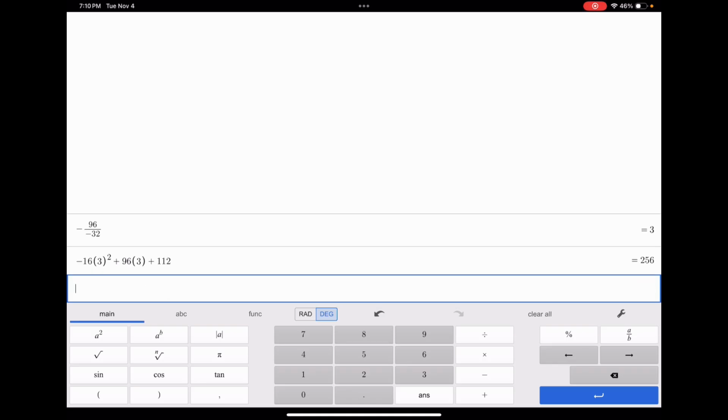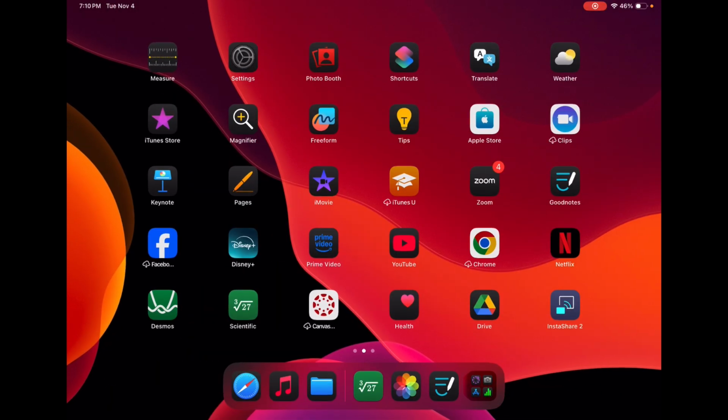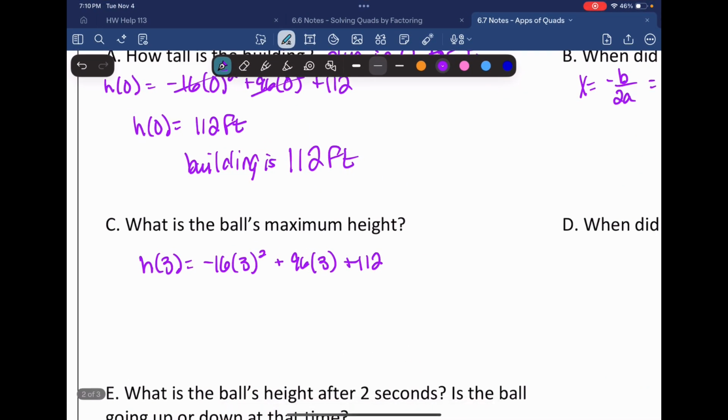Provided I got all my numbers right. I forgot what it was. 256. Yep. The maximum height, 256 feet.